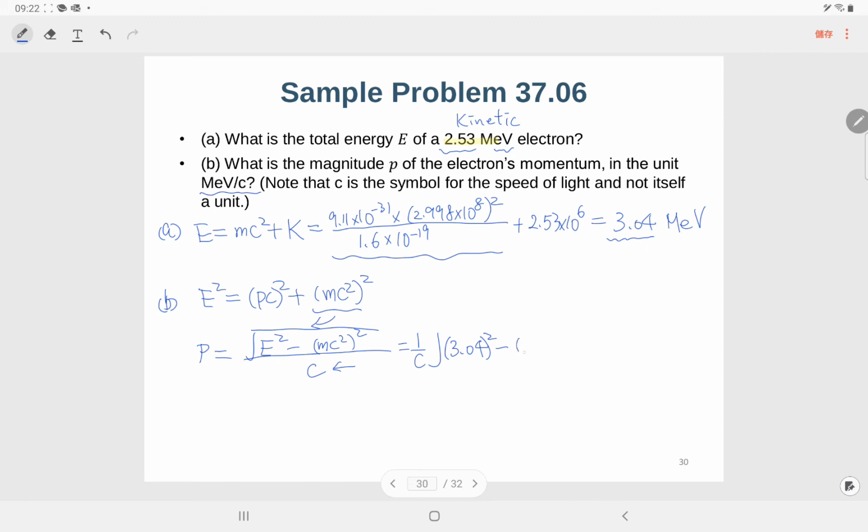You can write it as 3.04 squared minus 2.53 squared, something like this. So actually it will be 3.00 mega eV over C.